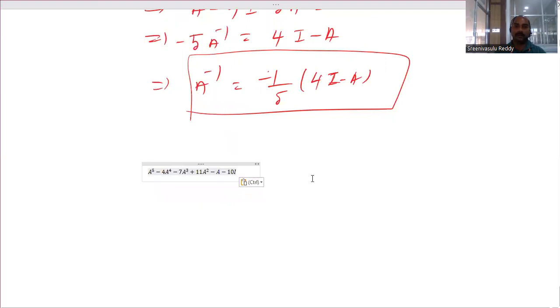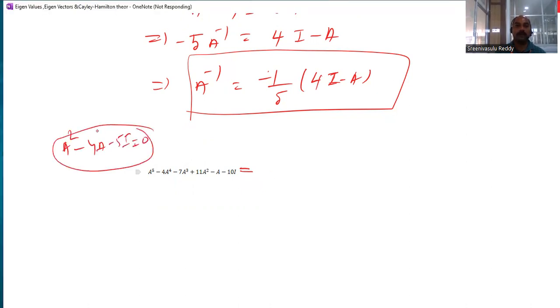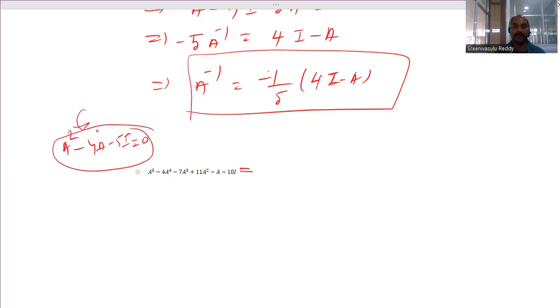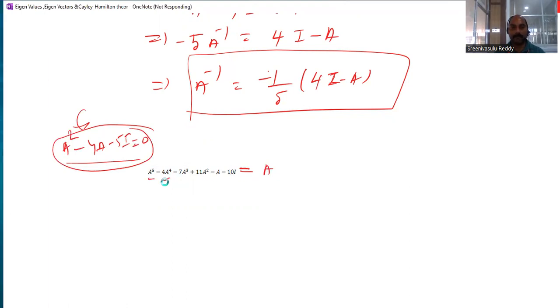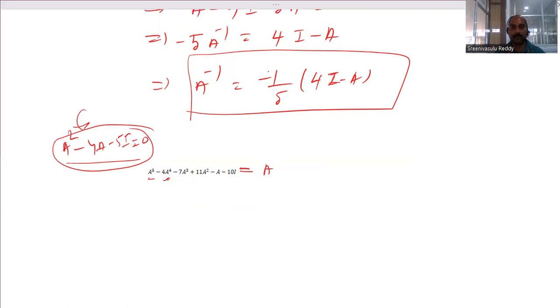Only A. That means factorize this. Already we know A square minus 4A minus 5I equal to 0. Keep that in your mind, so always convert into this form. You take A power 5, A power 4, and take a common factor.